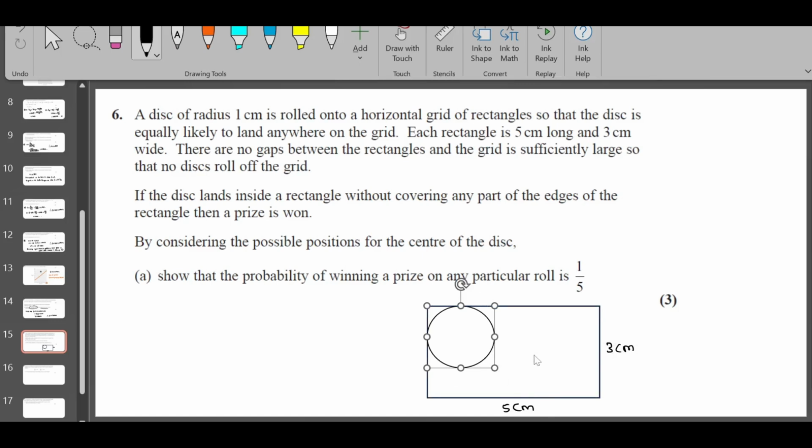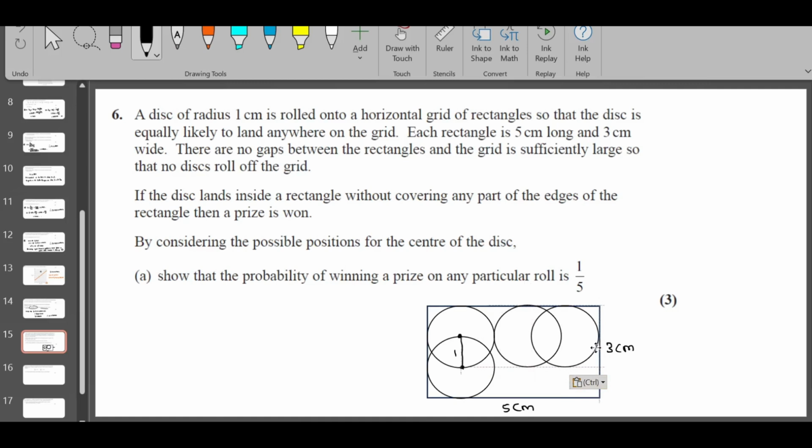So we know the radius of the disc is 1 centimeter. So I'm going to copy this. You see, I put 2 discs here, and the center is here, another center is here. This is basically 1 centimeter, this also 1, right? Since the diameter is 2, you can put 1 more disc here, and 1 more here.